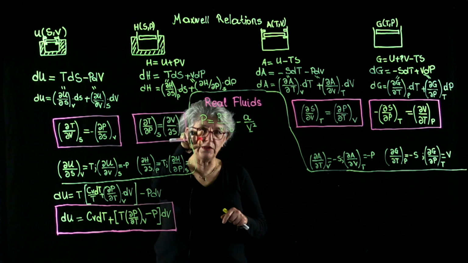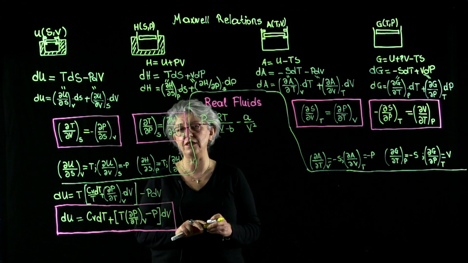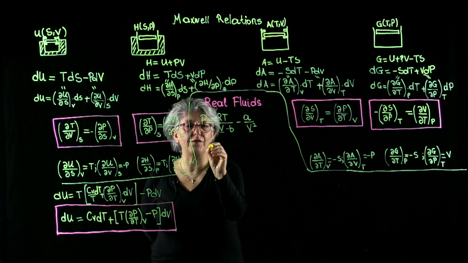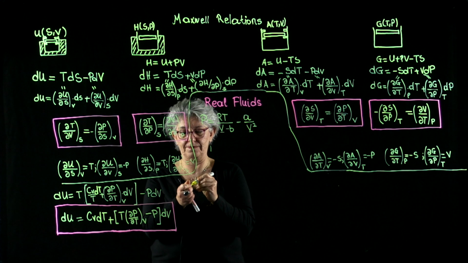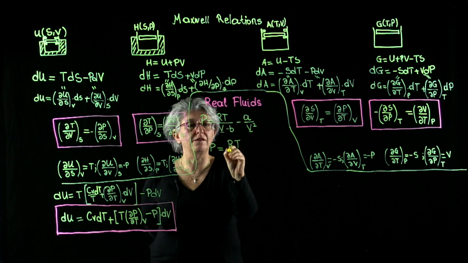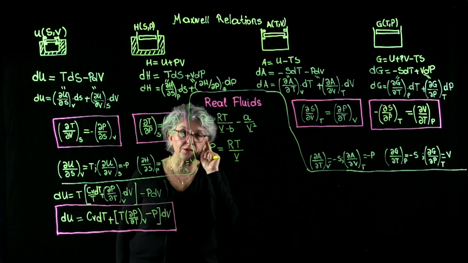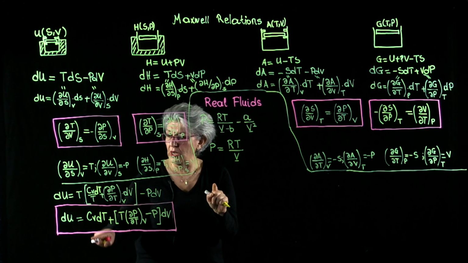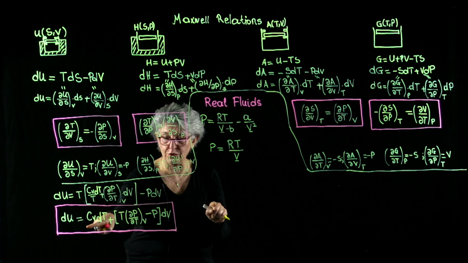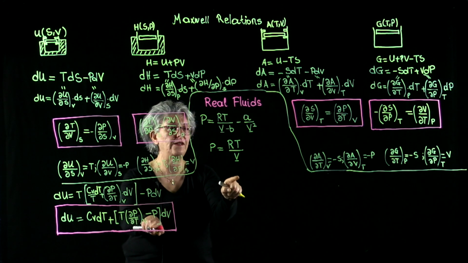Now we are going to link the van der Waals equation of state to the internal energy. But before we do that, I will just do a small example of applying the ideal gas equation of state, P is equal to RT over V. I would like to find out how this relationship will evolve if I substitute P as RT over V. All right?